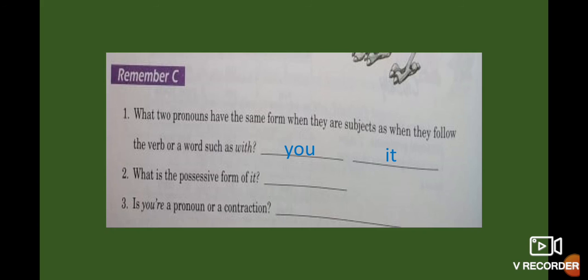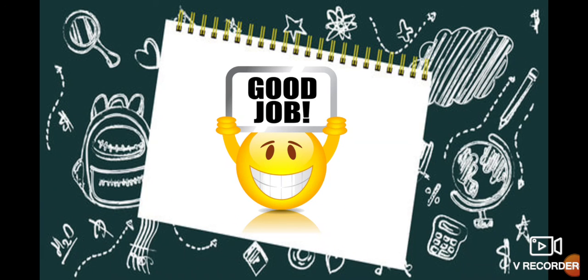Exactly. Number 2, what is the possessive form of it? Okay, its. And number 3, you're, is it a pronoun or a contraction? Okay, so this one is a pronoun or a contraction. In that case, it's a contraction. Exactly. Okay, excellent job, good job, excellent participation.